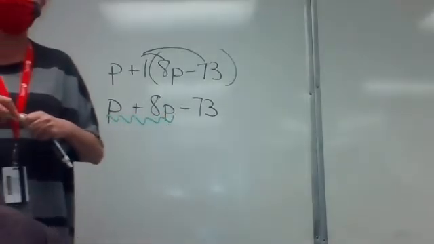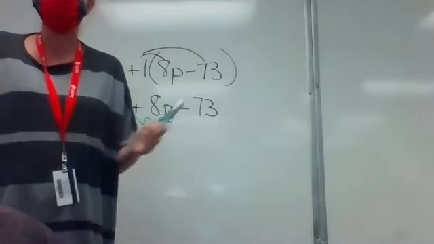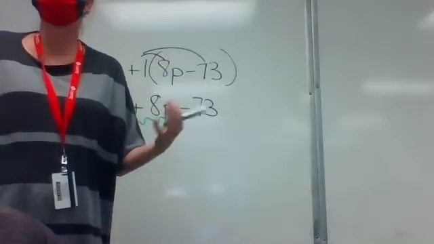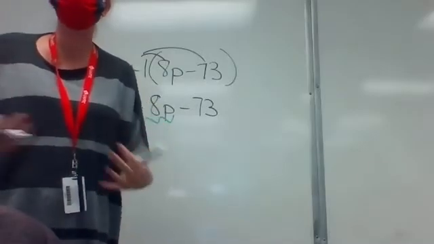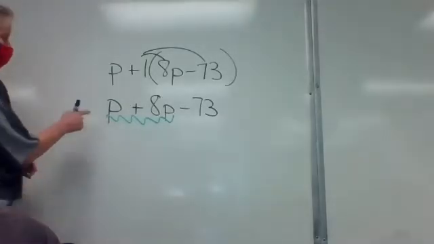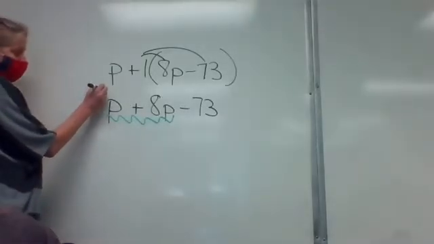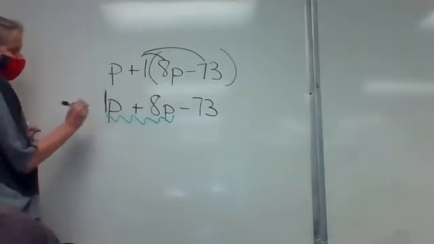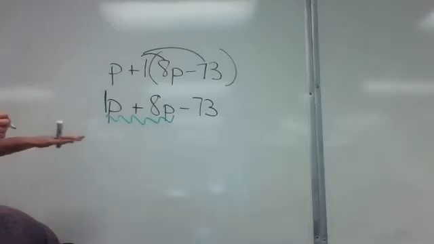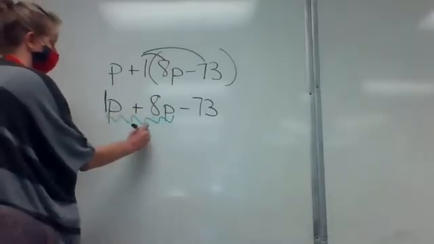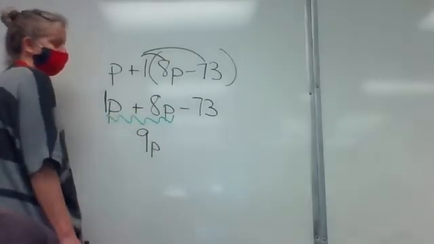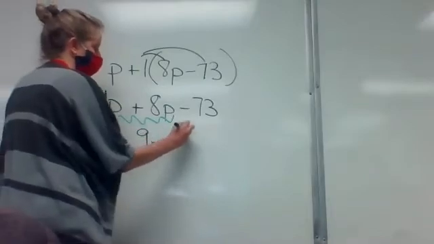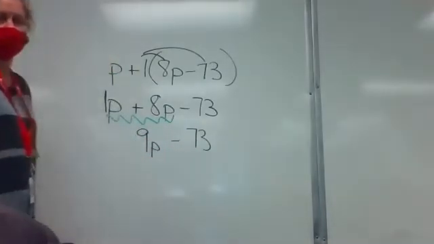If they're separate terms, but they have the same letter, you can write them together. It's like putting all your eggs in one basket. We're going to put all our P's in one basket. If you don't see a number in front of your letter, it's automatically a 1. So this is 1P plus 8P, which is 9P. Bring down the minus 73.